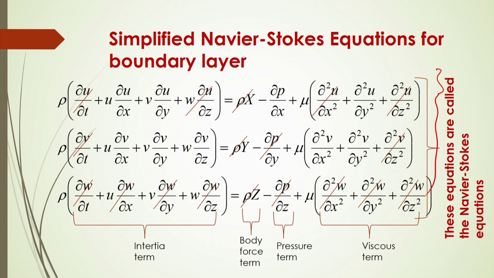In this case, the components that are neglected are given here with the cut mark. This part will be neglected, that is the velocity will not change with respect to time, which means we consider steady state operation, and there will be no velocity component in the z direction.